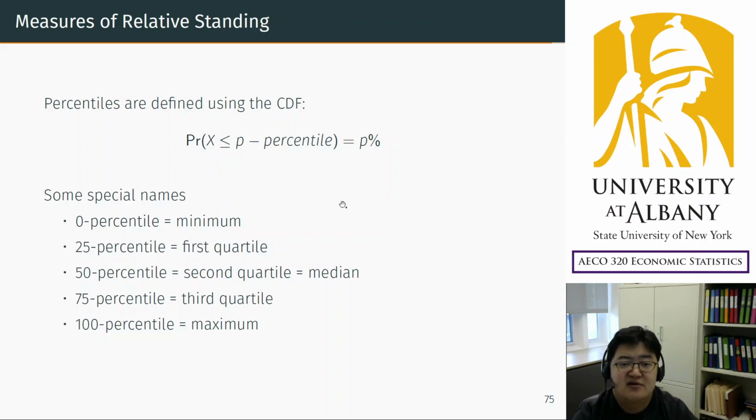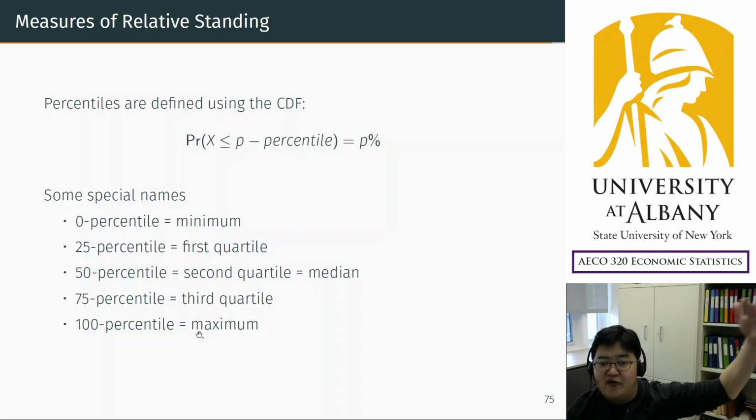First, let me introduce a few typical percentiles. Percentiles are defined this way: smaller than this percentile must be P%, right? Some special names: 0 percentile is the minimum, and 100 percentile is the maximum, right? It cannot go further.